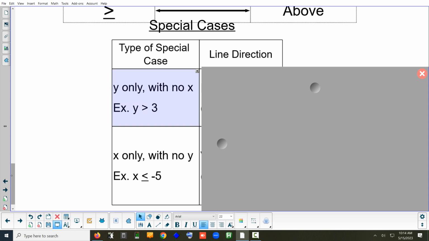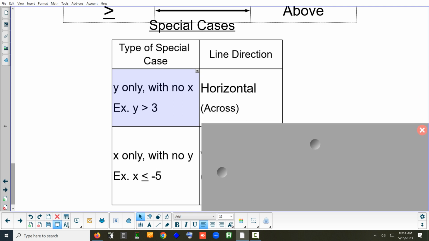Y is greater than 3. Does anybody remember what kind of line you get if all you have is a Y? Line goes straight across. How would you describe it if it goes straight across? Left to right. Yep, it's going to be horizontal. It's going to go across.